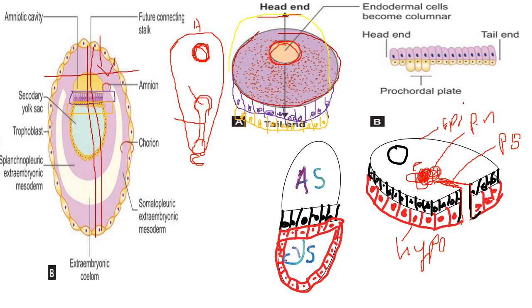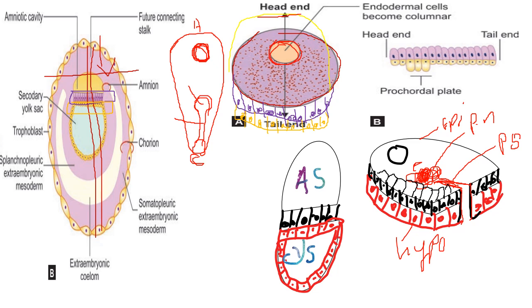So what is happening during gastrulation? There are cells all over here, on top of the epiblast. These cells will start invaginating, they'll start migrating from this part.